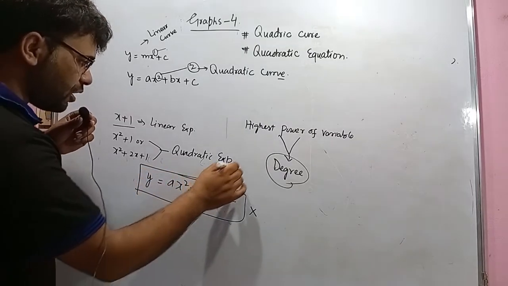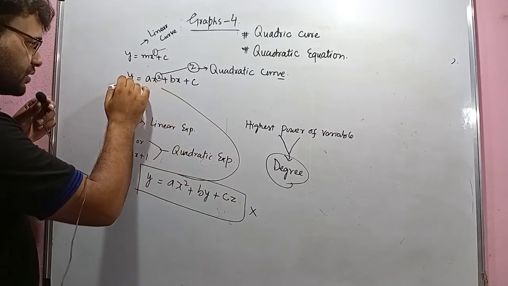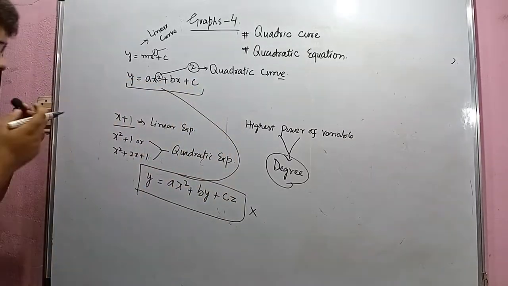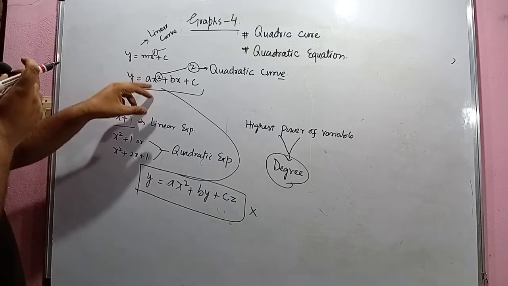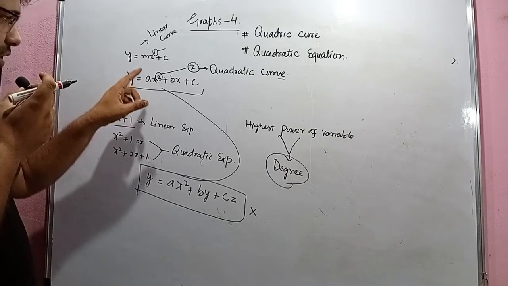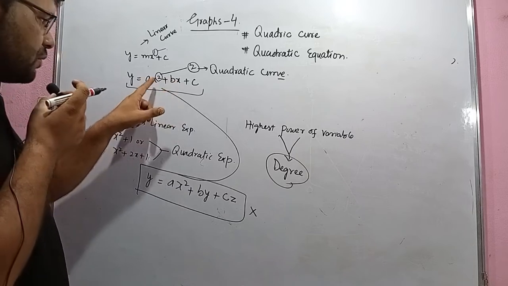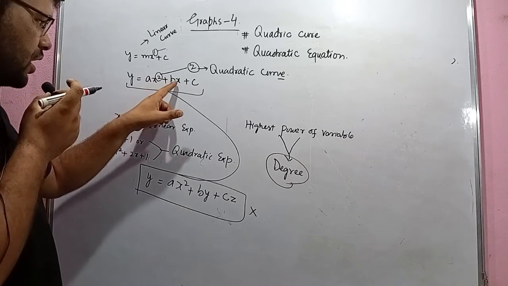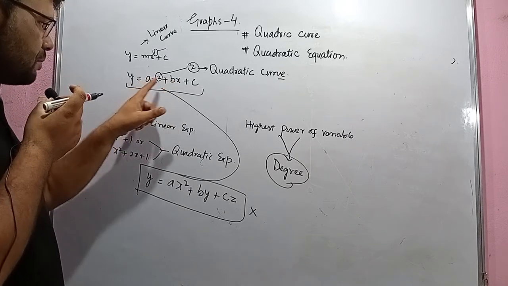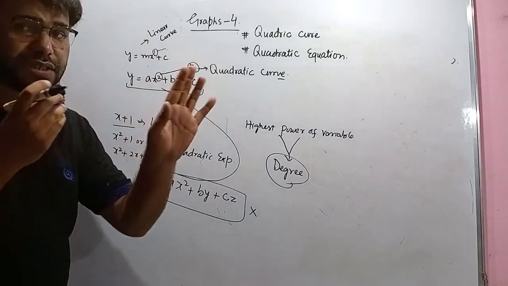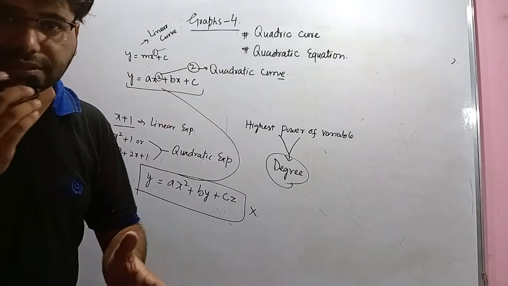The general form, the standard form, is like this. That means every quadratic curve should be in this form. If we have the x variable here, here should be the x. If we have the y variable here, here should be the y. And a, b, c are simply constants. Constants means numbers.